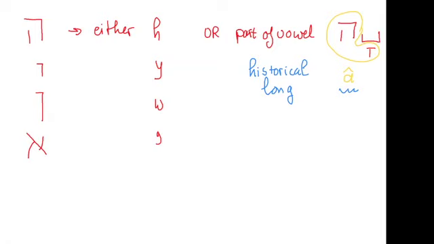This combination has a name. It's called the vowel mark, the kamets He.